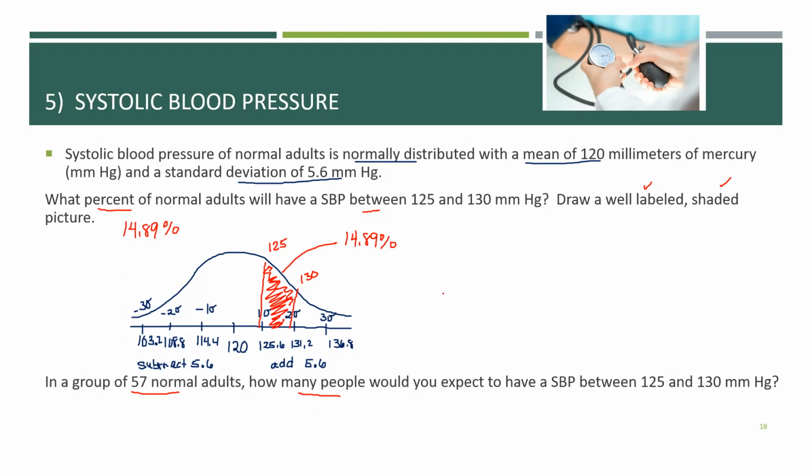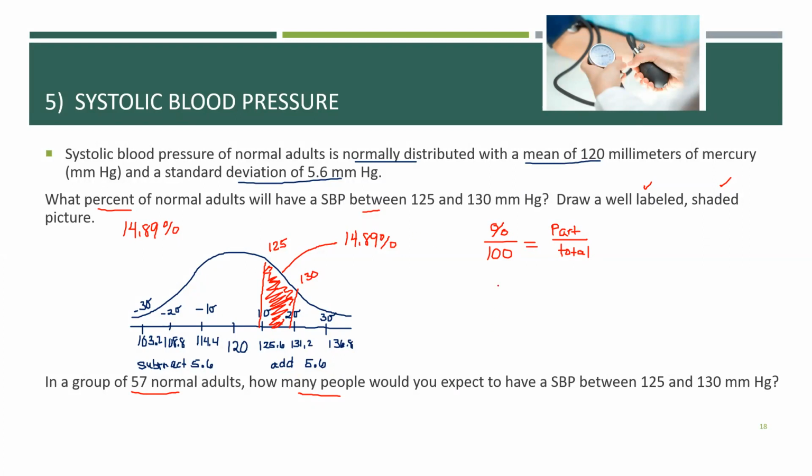So I have to think back to what I know about percent. So I know that I can put a percent over 100, and that is equal to the part over the total. There are other ways to do percentages, but we had done them by proportion, and then we would solve by cross product.